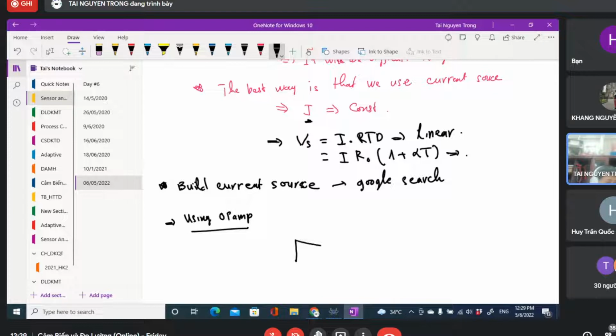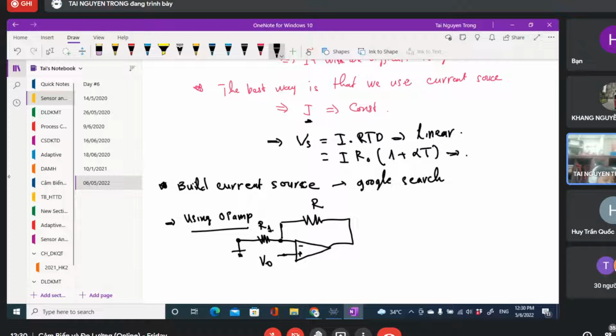Okay, we take voltage here, op amp here, and then we can take the reference V0 here, and then here resistance, and we take a ground here, and then we can have R and R0.